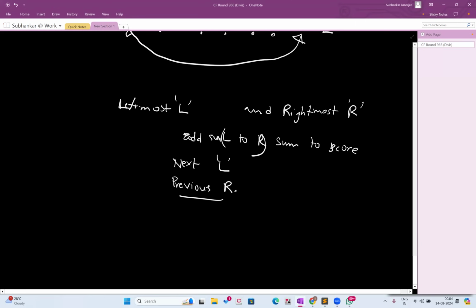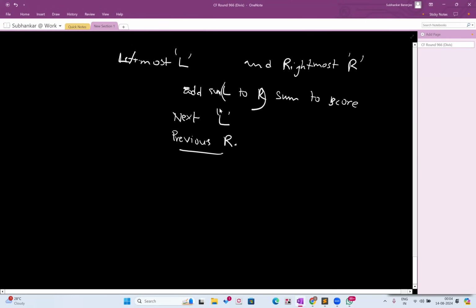So basically we will use a two-pointer approach, the two pointers P1 and P2, where this is the lower pointer and this is the higher pointer.